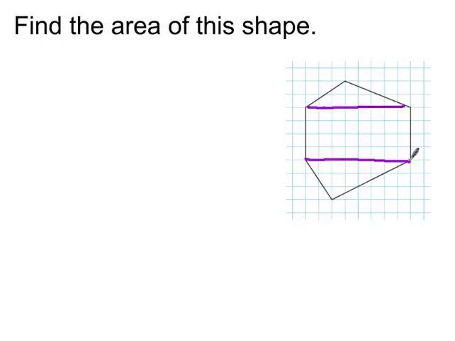All right, I could do that if I wanted. And then I could find the area of this rectangle here. Let's figure out what is the height here. 4. What is the base? 1, 2, 3, 4, 5, 6, 7, 8. So what would the area of that entire rectangle be? 32. 32. And this should be review.